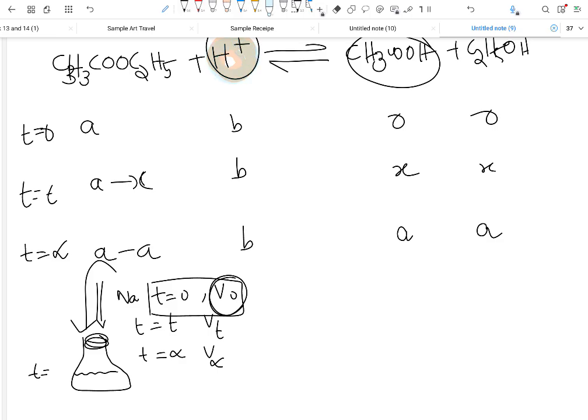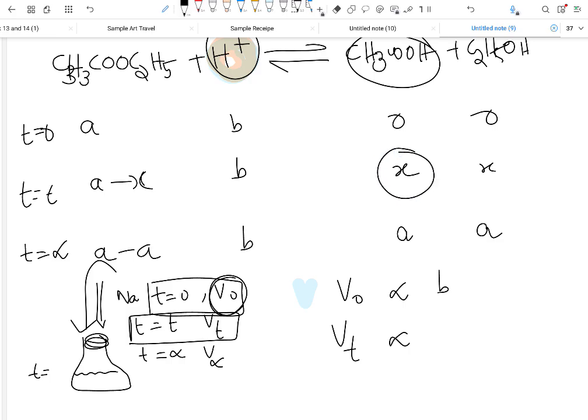So we can say that V0 is directly proportional to B. And at time equals t, Vt is directly proportional to, see what is there: after this, X will be there and H plus will be there. These two are acids, so in the reaction mixture, B as well as CH3COOH will be there, which the NaOH is going to react with. So Vt will be directly proportional to B plus X.